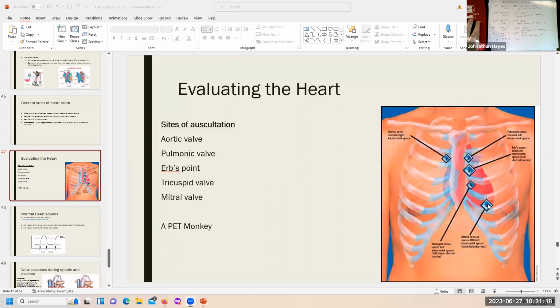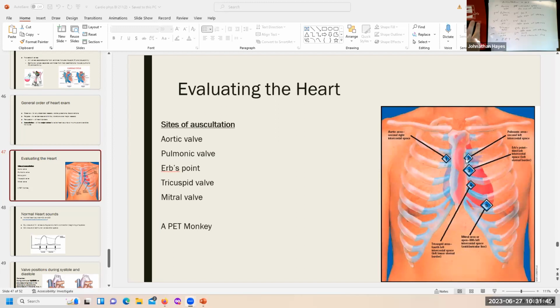But mid-clavicular line, so again, this isn't right on it by any stretch of the imagination. This picture is a little bit kind of wonky. But here's the clavicle. Here's the middle of the clavicle. So just drop it down. It should be around the nipple. Right? So on a male, it's close to where a nipple is. So just stick it on his nipple.